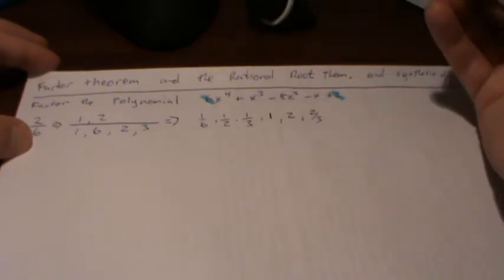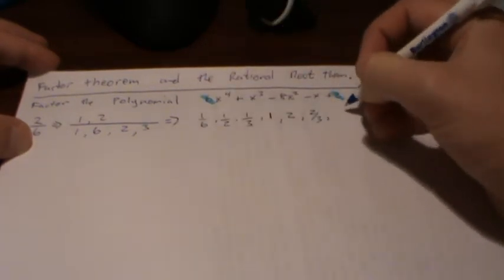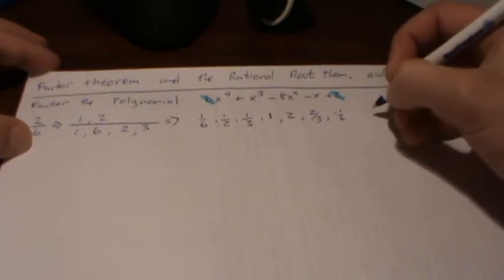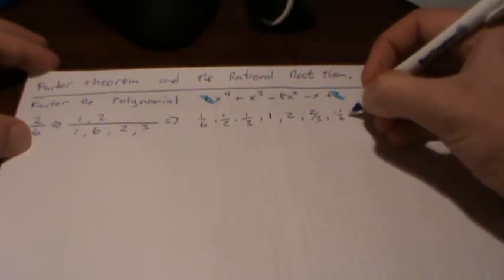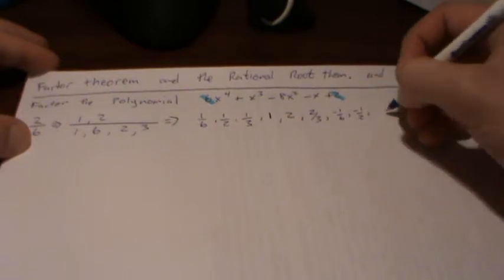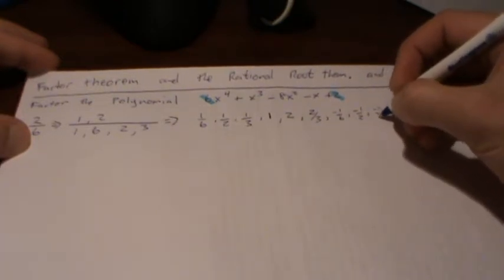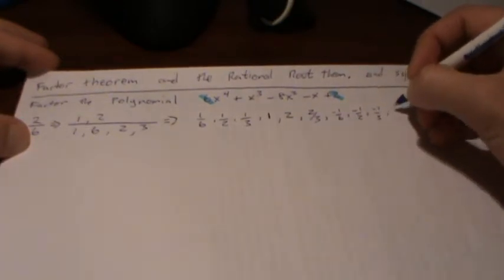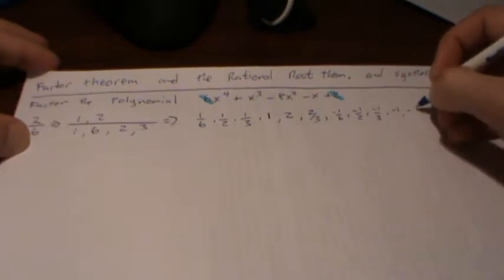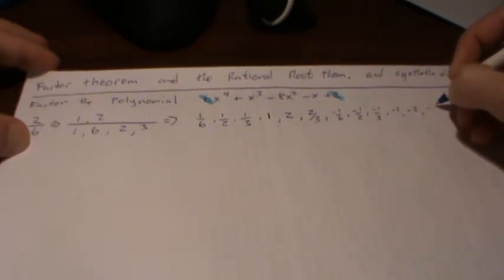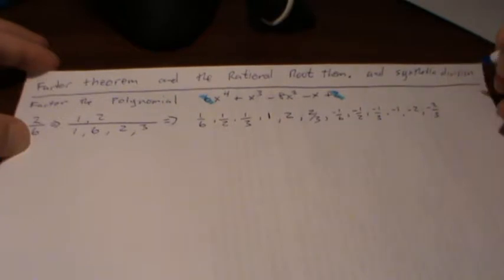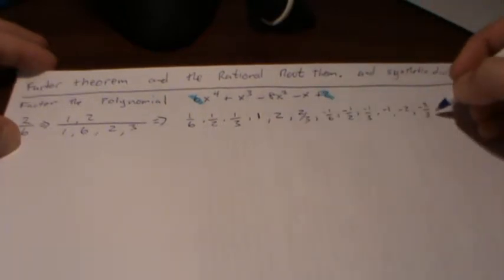It's actually 12 possibilities, because I also have a -1/6 as a possibility, a -1/2 is a possibility, a -1/3 is a possibility, a -1 and a -2 and a -2/3. These are all of my possibilities, a total of 12.